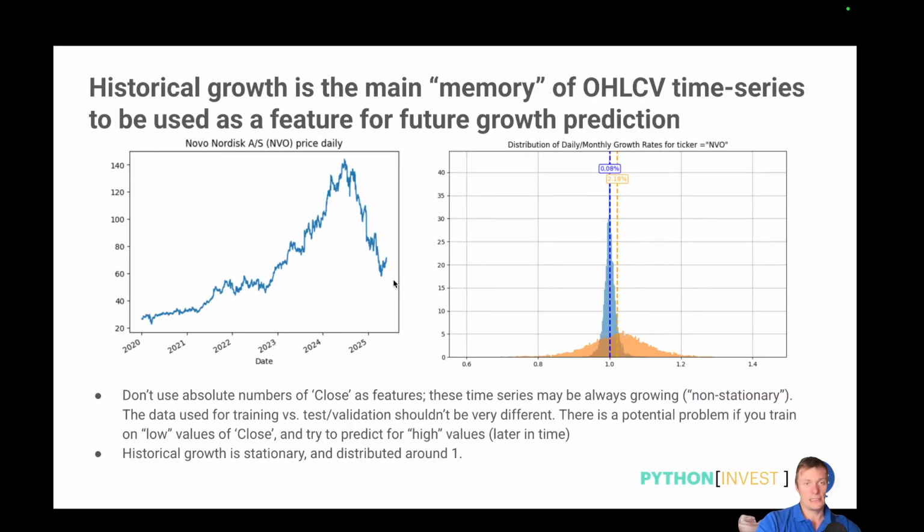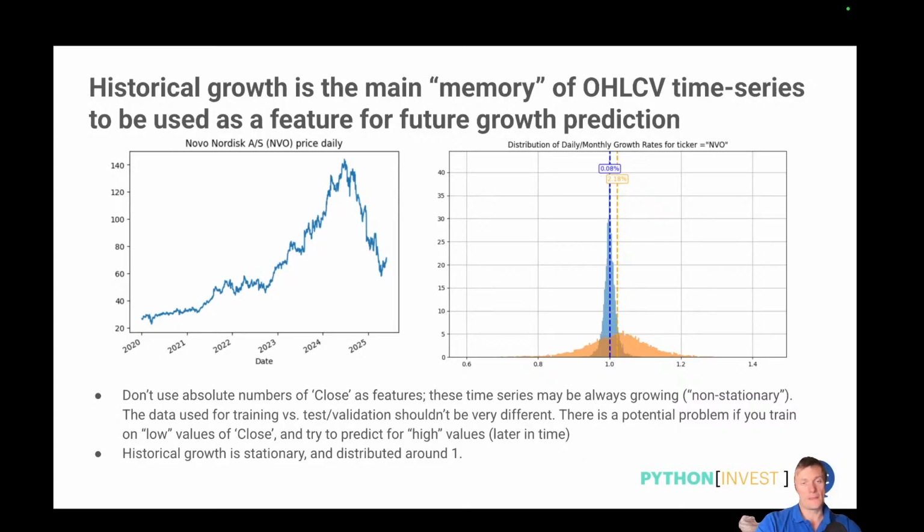The main idea is that what you see here, from a statistical or data analysis perspective, is time series data, and it is not stationary, because it can be always growing or heavily fluctuating from its average value.